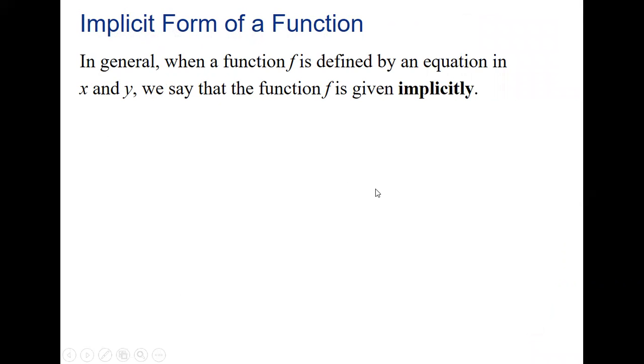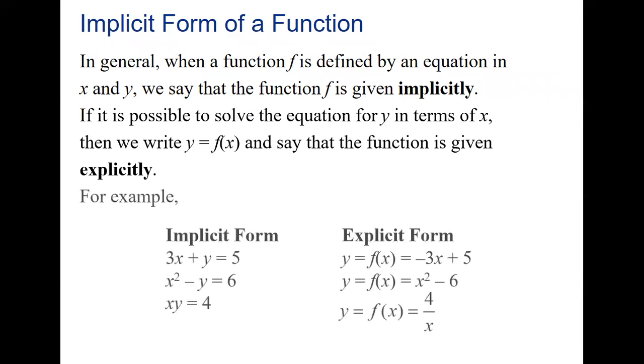So now we're on to implicit form of a function. In general, when a function f is defined by an equation in x and y, we say that it's implicitly defined, okay? It just means that you're not using f. So implicit, notice how there's no f of x. Explicit means you're using f of x. Literally, that's it. Implicit, no f; explicit, f.